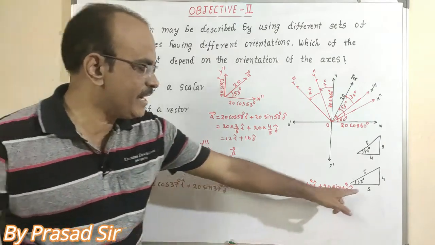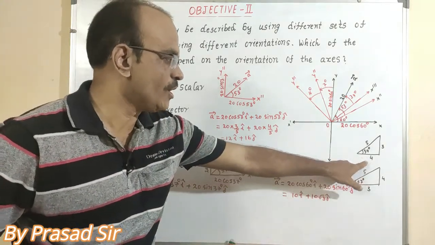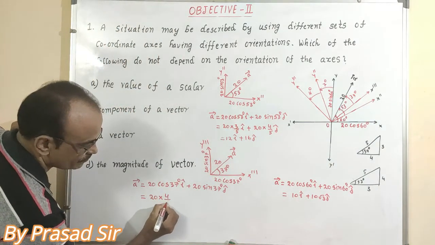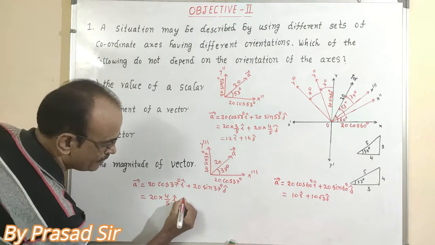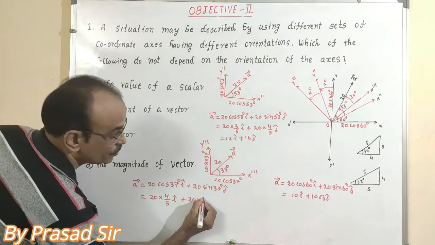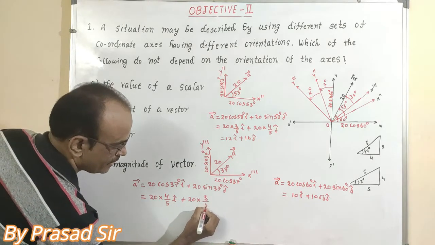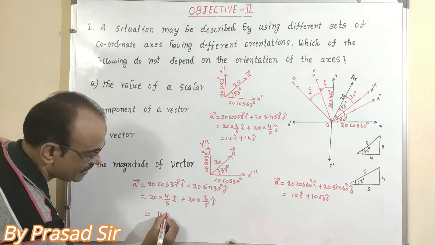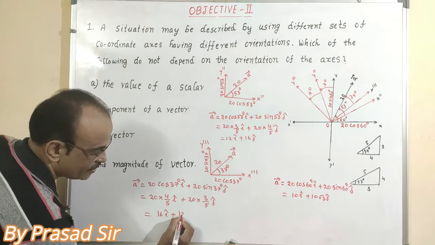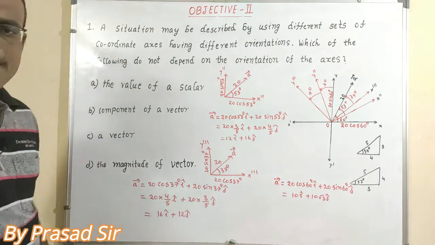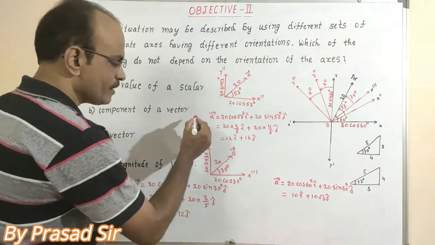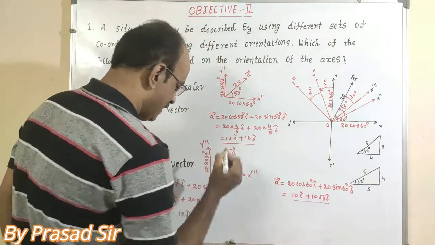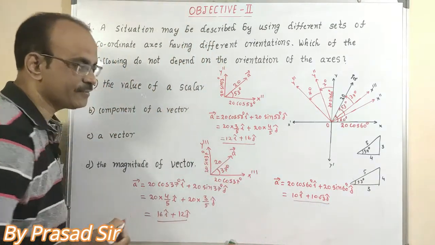According to the familiar triangle, cos 37 is 4 by 5, that is 20 into 4 by 5 i cap plus 20 into 3 by 5 j cap. So that is 16 i cap plus 12 j cap. Observe here, this is the first one, this is the second one, this is the third one.